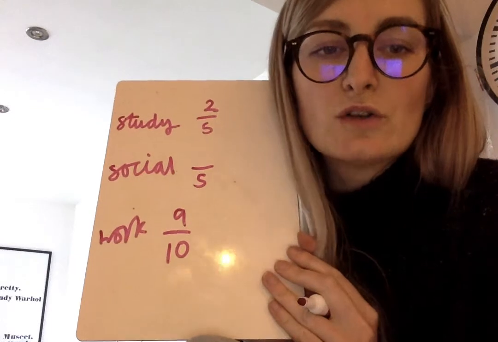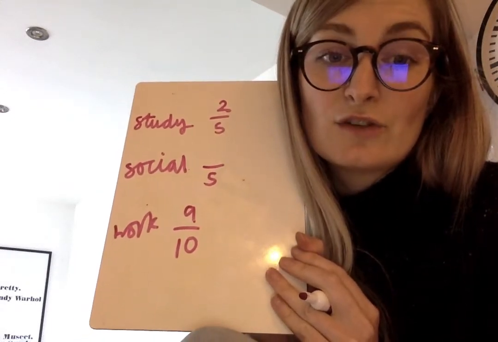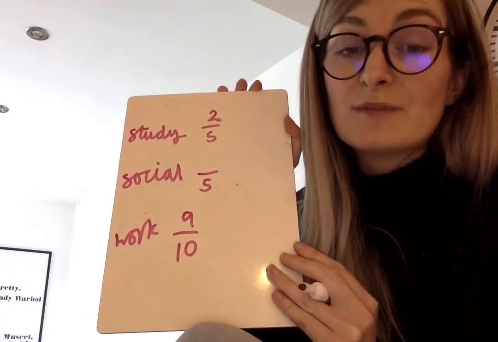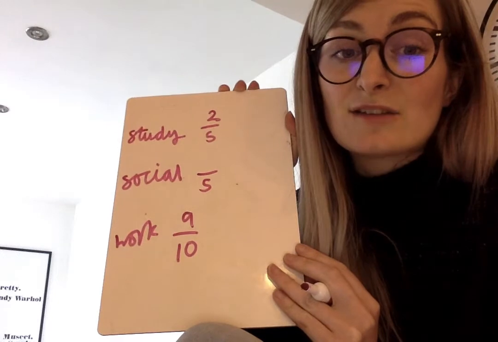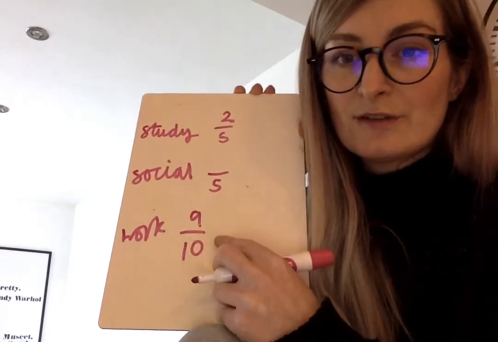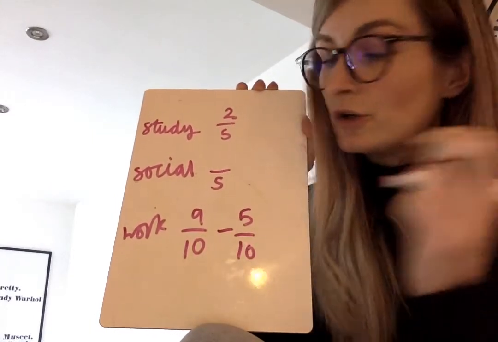Okay, what have I been told about social? It says 5/10 fewer people use their device for social purposes than work. 5/10 fewer. So that means I've got to do a subtraction from the work. 9/10 use it for work, and 5/10 fewer use it for social.